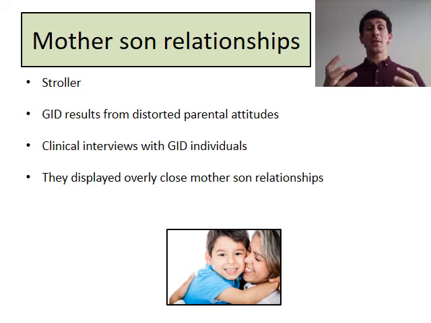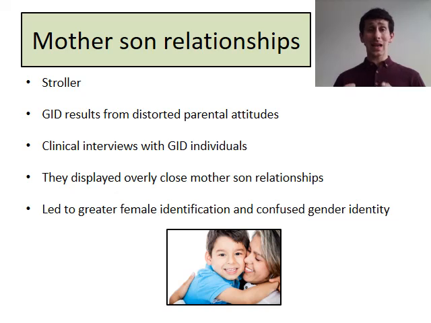And he found that those children displayed overly close mother-son relationships. And he claimed that that really close relationship between a mother and son led to them identifying as a female. Okay, led to greater female identification and therefore confused their identity. So if you're really, really close to your mum, overly close, then that potentially could be one thing that leads to gender identity disorder.